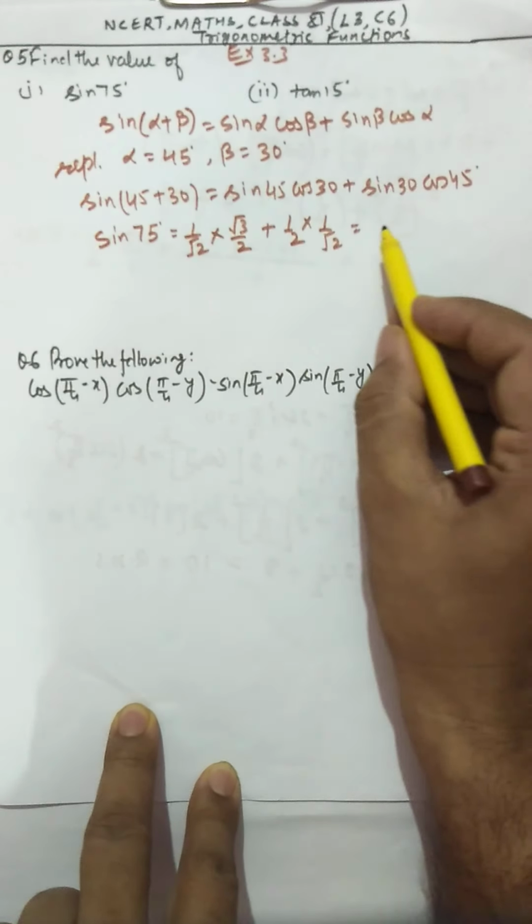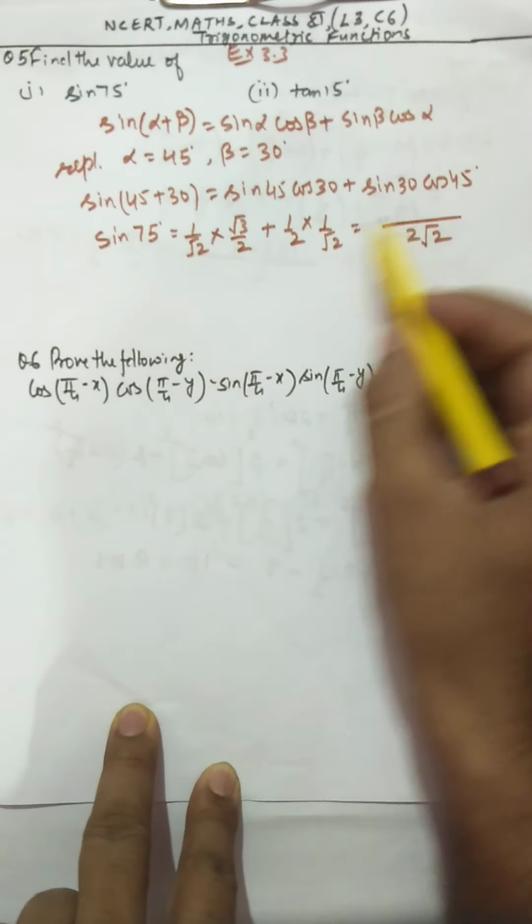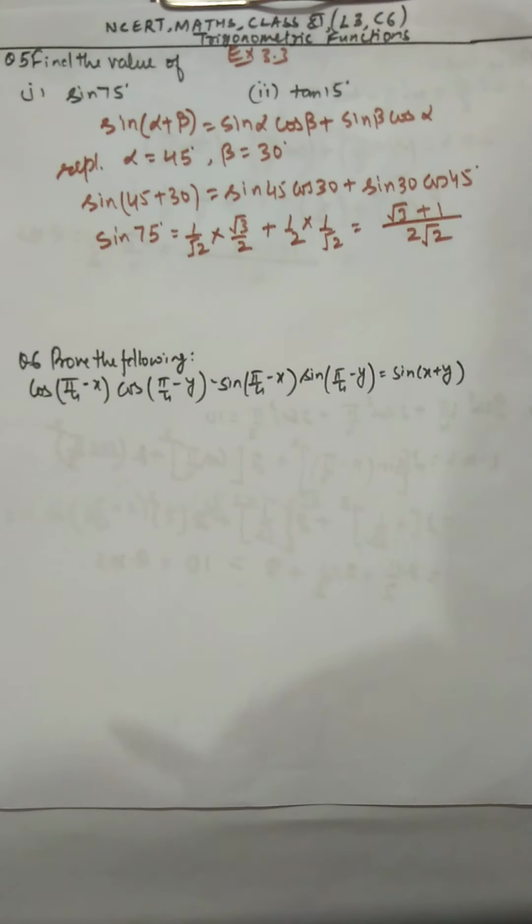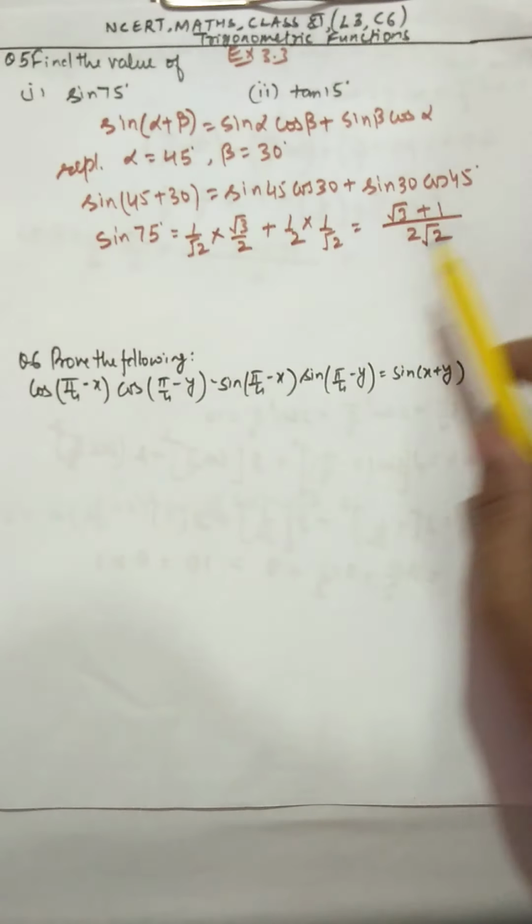So the denominator is 2 root 2, and take the LCM, root 3 plus 1. So this is the value of sine 75 degree. You can go one step ahead and rationalize also, but if you don't rationalize, that is fine. You can prove that sine 75 is root 3 plus 1 upon 2 root 2.